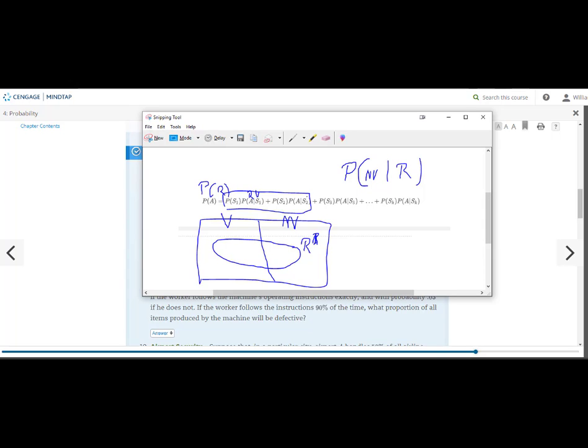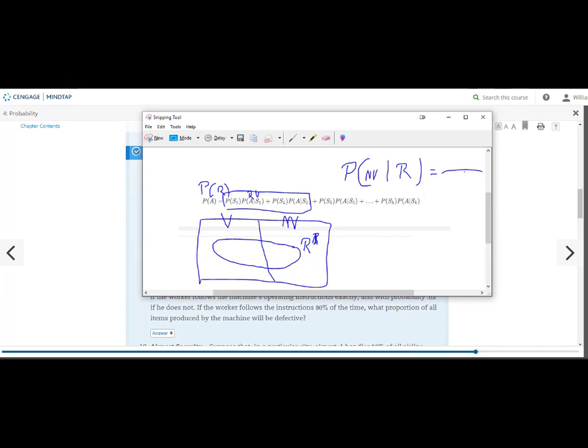Now, in the problem they gave us things like R given V, but here we want the reverse order. What we're given is the stuff in the reverse order, so we're going to need to use Bayes' theorem, because Bayes' theorem allows us to use the things in reverse order.